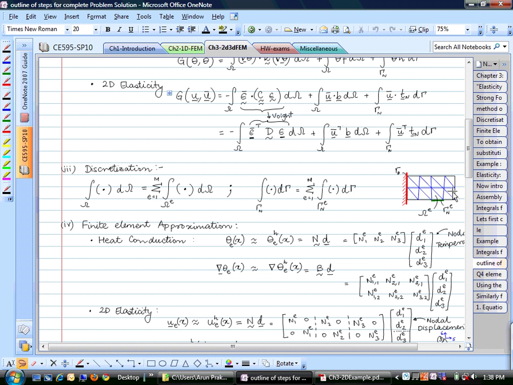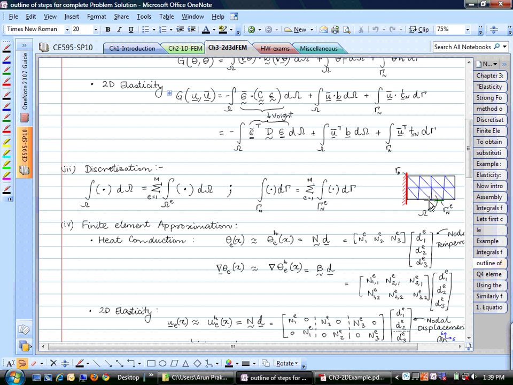So you make small pieces of your domain, and you write each of these integrals as a sum over the element integrals. So this is an integral of some quantity over the domain, which can be written as sum of the element integrals. And the same thing for the natural boundary condition.